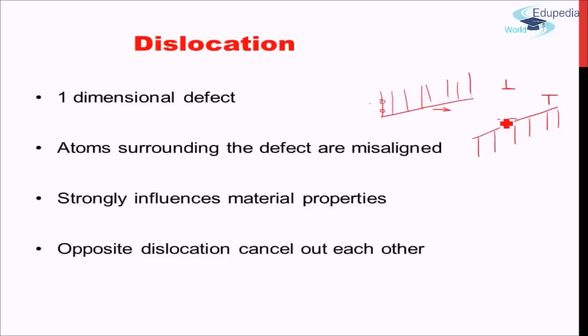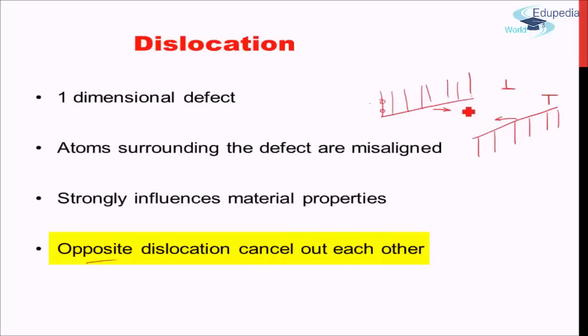In a crystal, in a specimen, the dislocations can move when stresses are applied. So if these two dislocations move and come in contact with each other, then what will happen? The half plane of atoms at the top and the half plane of atoms at the bottom will combine together and the dislocations will get cancelled out, right? So opposite dislocations cancel each other out.